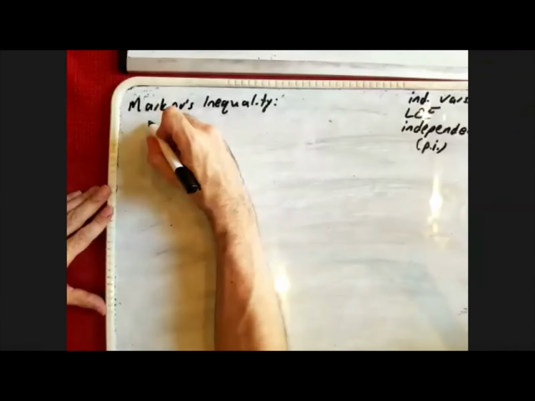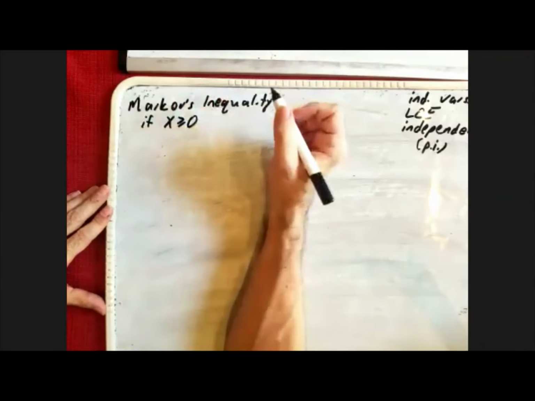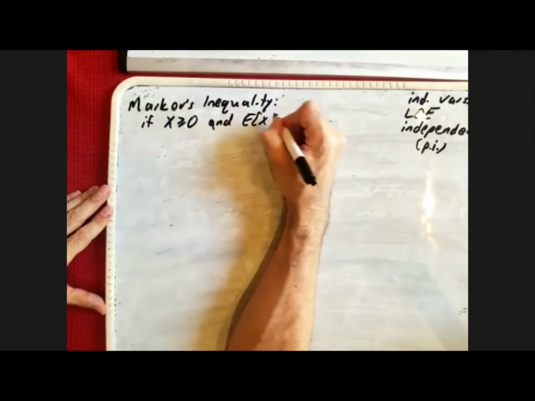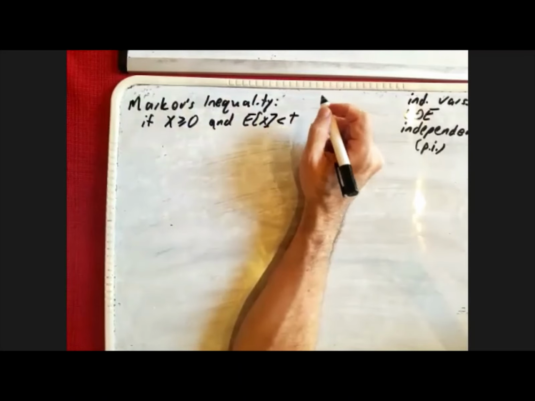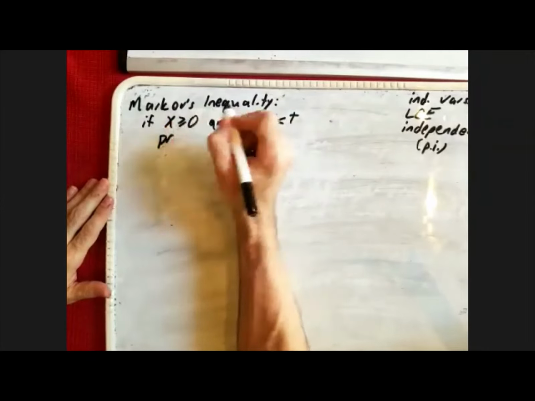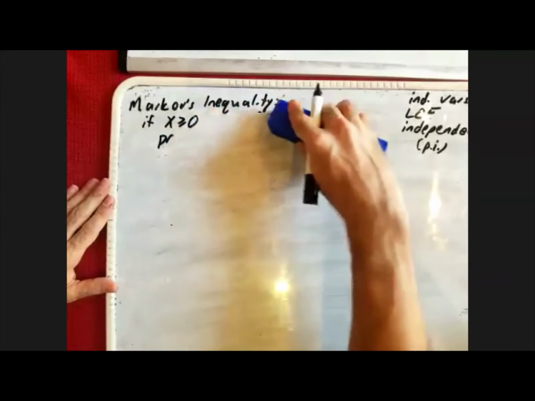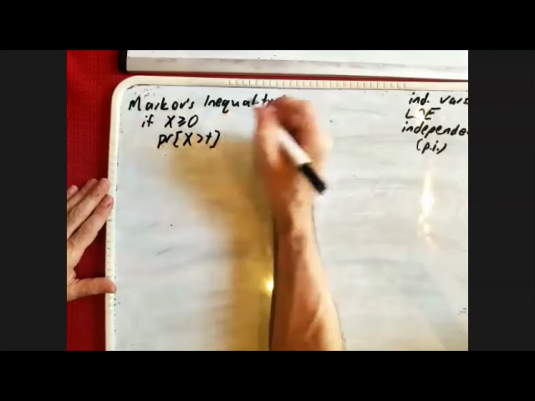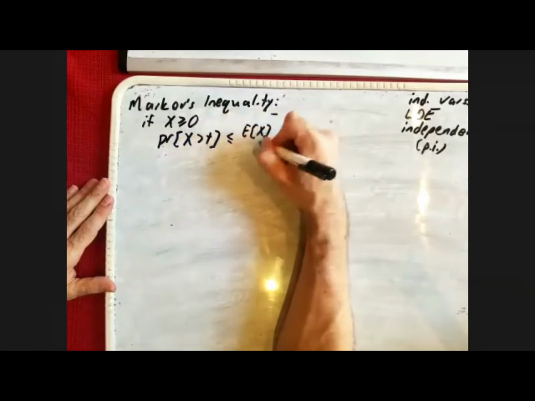Markov's inequality says that if x is a random variable that is always greater than 0, then the probability that x is bigger than t is at most the expectation of x divided by t.